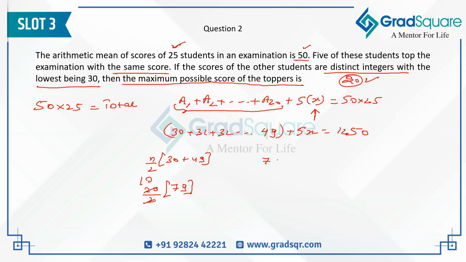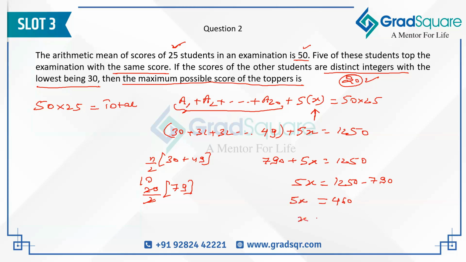So 790 plus 5 times X should be equal to 1250. So 5 times X should be 1250 minus 790. If you look at this, this is going to be 460. 460 should be the value of 5X.